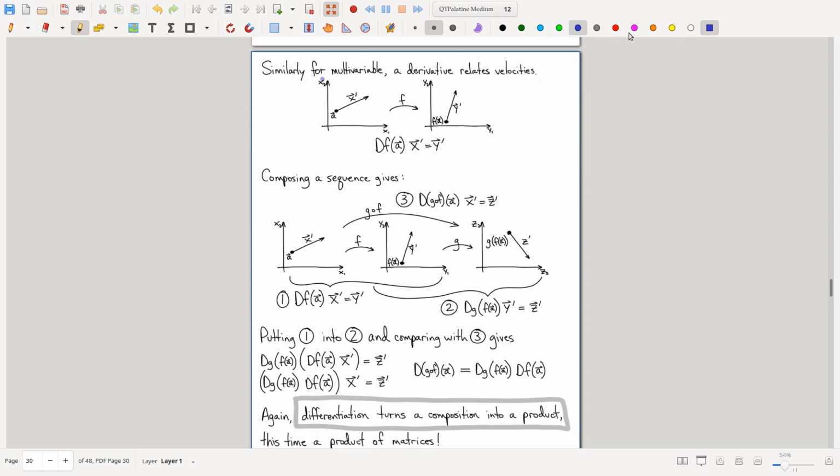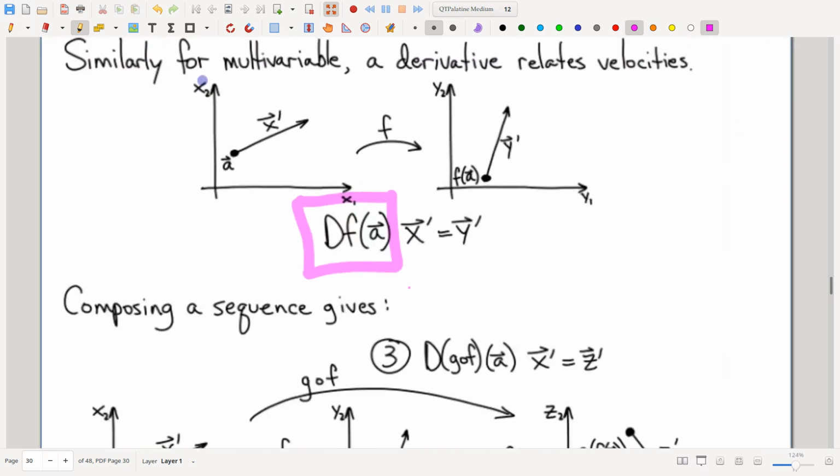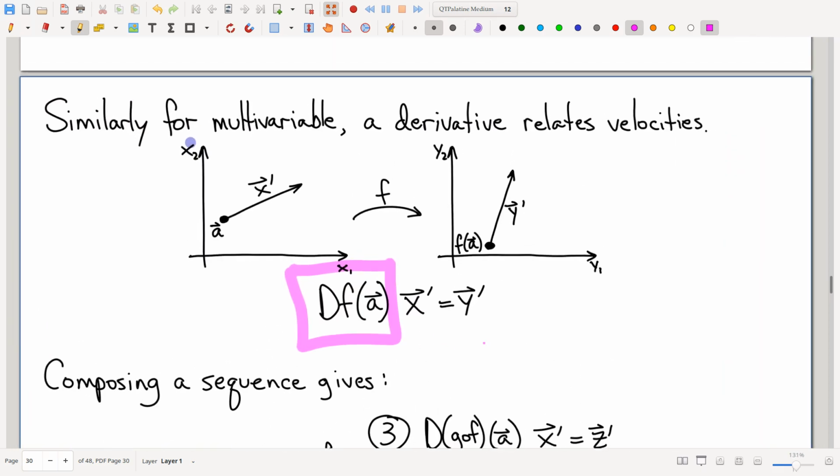Now, though, the factor is a matrix. Right? Derivatives in a multivariable setting are matrices that you multiply by input velocities to get output velocities. And yeah, sure, it's a matrix, but whatever, it's a factor. And factors multiply.